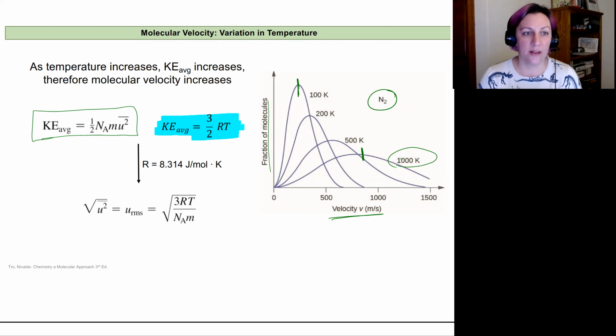This is really showing that relationship between kinetic energy and temperature, that directly proportional relationship. Now, the R value here is not one that has liters or millimeters of mercury in it. Instead, this one's about energy. We're talking about the relationship between temperature and energy.